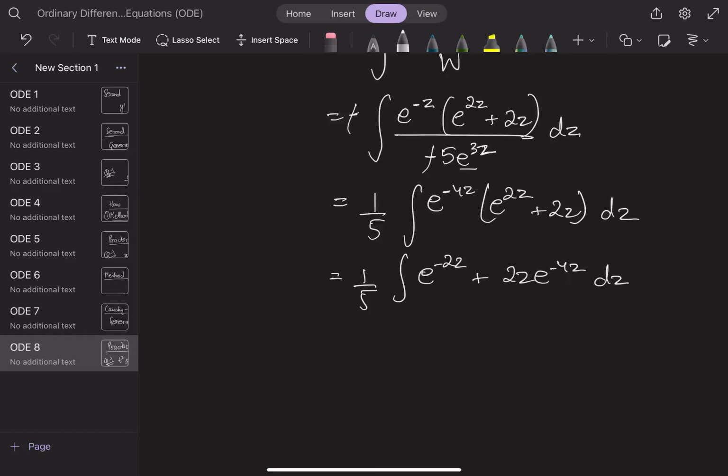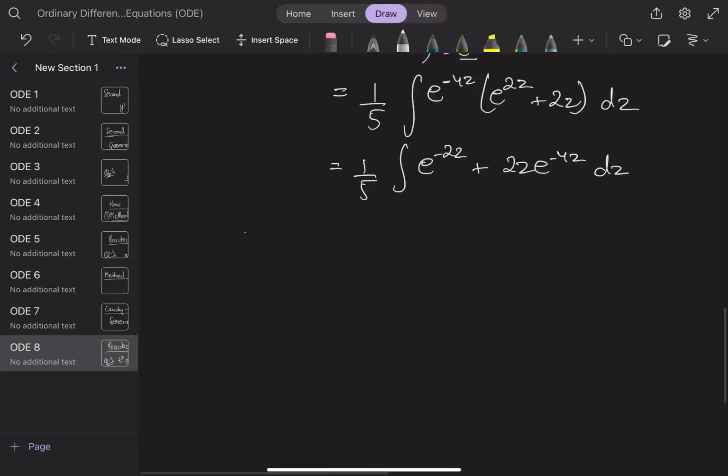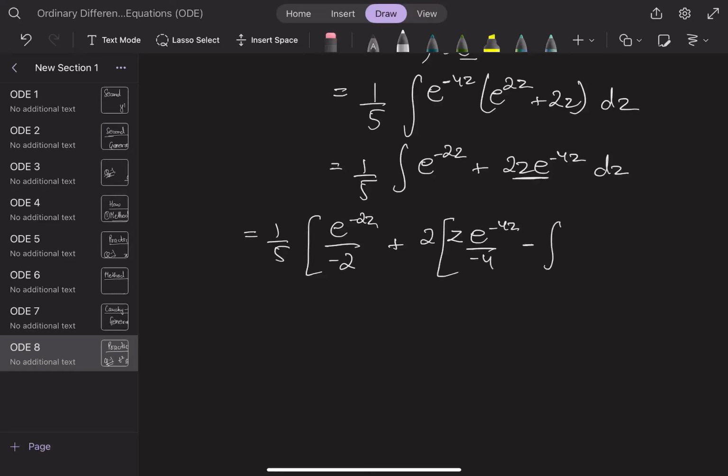So now let's integrate this. 1 by 5 e raised to minus 2z divided by minus 2 plus 2 times, here we're going to use integration by parts. So leave the first term as it is, integrate the second, minus integration of differentiation of first, that is 1, times integration of the second, that is e raised to minus 4z by minus 4.